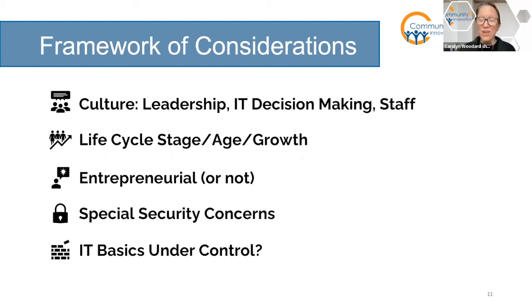Are you a kind of long-term established nonprofit? Those kinds of questions. We have another dimension that is kind of your level of entrepreneurship. So are you an entrepreneurial organization or not? And then if you have any special security concerns, and we're going to finish up with a discussion of IT basics that kind of form the foundation and that every nonprofit needs to have in place before you can even think about trying to do an innovation on top of that foundation.